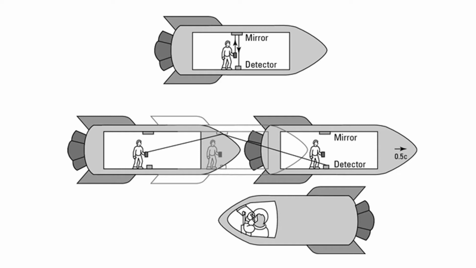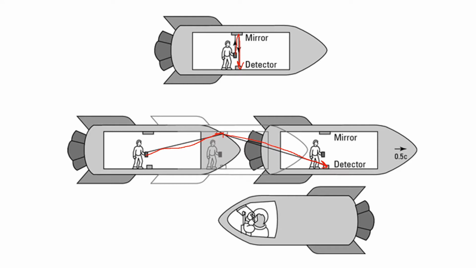To the man who's holding the flashlight in the very top spaceship, the light goes up to a mirror, hits the mirror, and then back down to a detector. But an observer who sees both the flashlight and the moving spaceship sees the light travel a different path because the spaceship is moving, the mirror is moving, the detector is moving, so the path it's going to follow is that one.